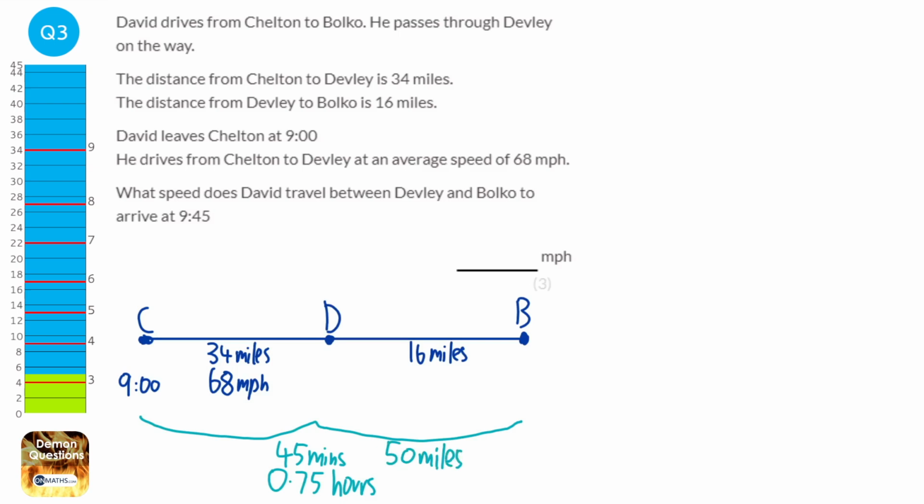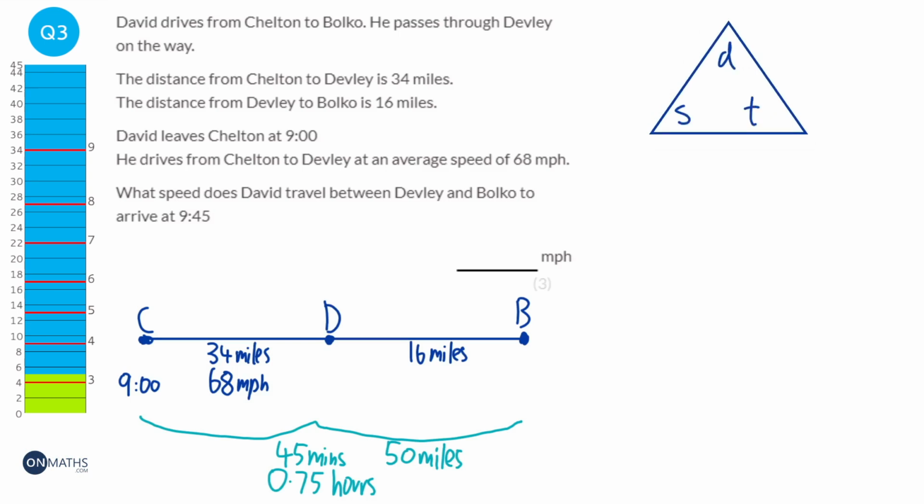Okay. Now, having a look at this, we need to find out what time David was at Devley. So we're going to use our speed, distance, time triangle. So speed equals distance over time. And we're covering up the time, because that's the one we want.